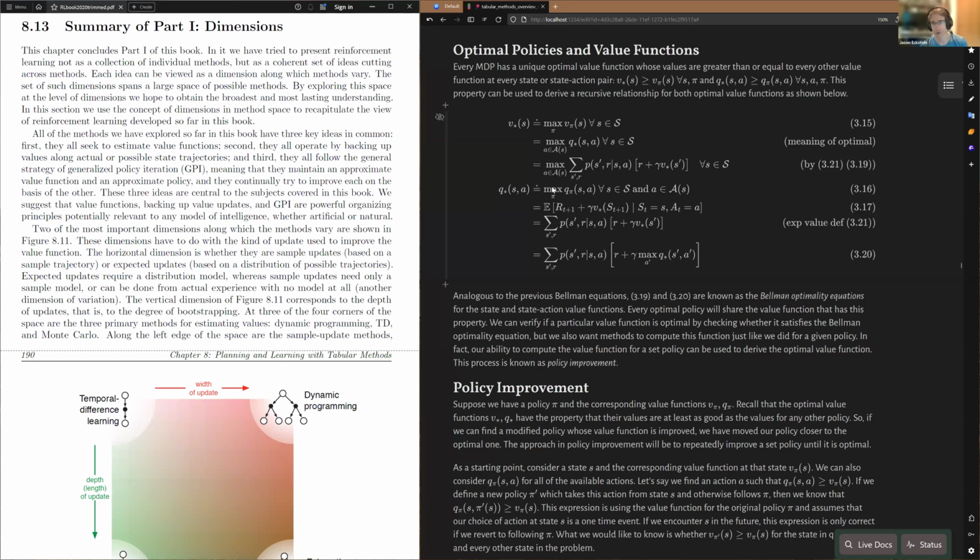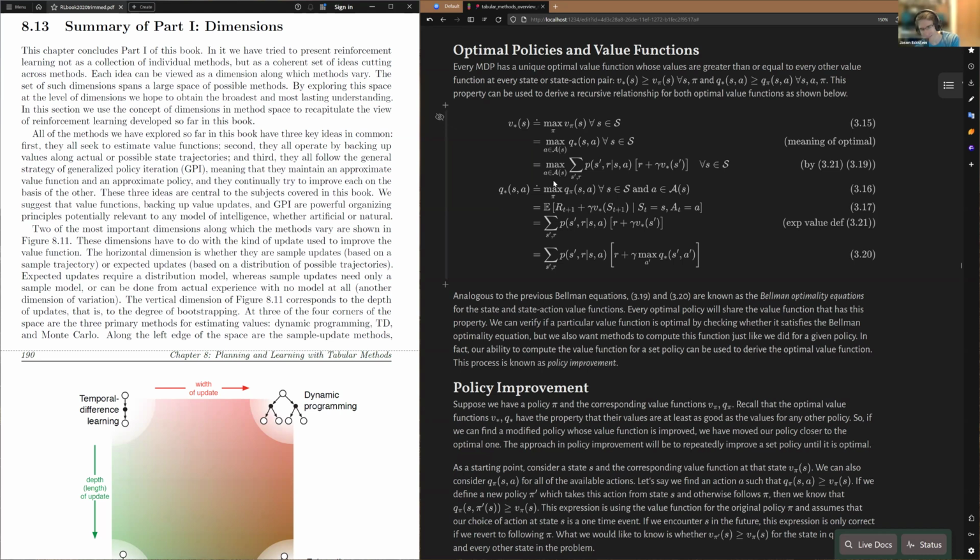The definition is really simple in the case of the state action value function: the optimal state action value function is defined as the maximum value that you could see under any policy.